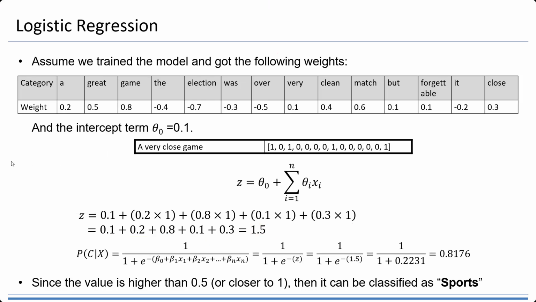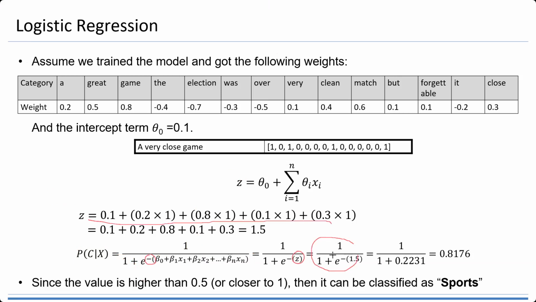So we can put this into the formula that we had before, the formula for logistic regression, because we want to get the probability. Okay, so the probability is 1 divided by 1 plus e to the power of minus Z. So Z is this one.